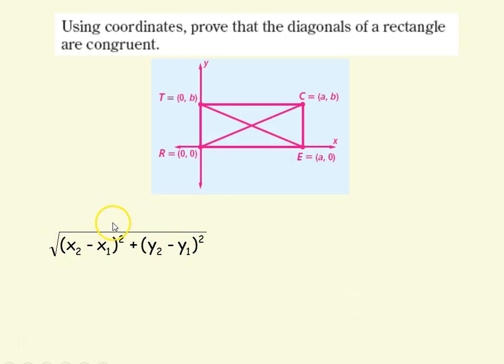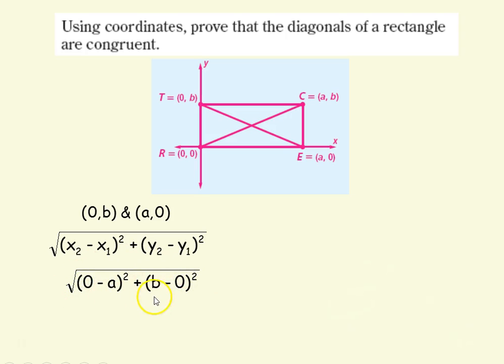Here's our distance formula. We take the difference of the x values squared plus the difference of the y values squared. The first one I'm going to find here is 0, b to a, 0. So I'm going to go from this point, 0, b, to a, 0. What is the distance between those 2 points? I have to assign these values as x1, y1 and x2, y2. And when I do that, I get this formula once I've assigned that.